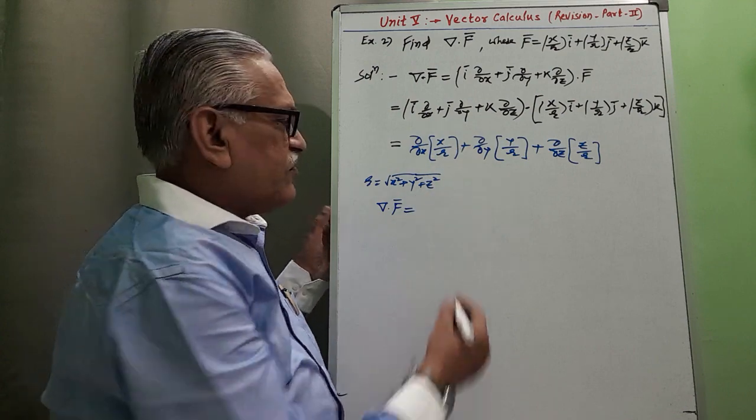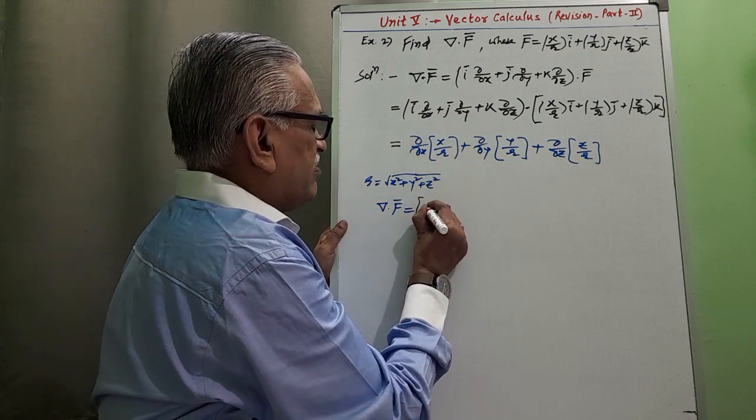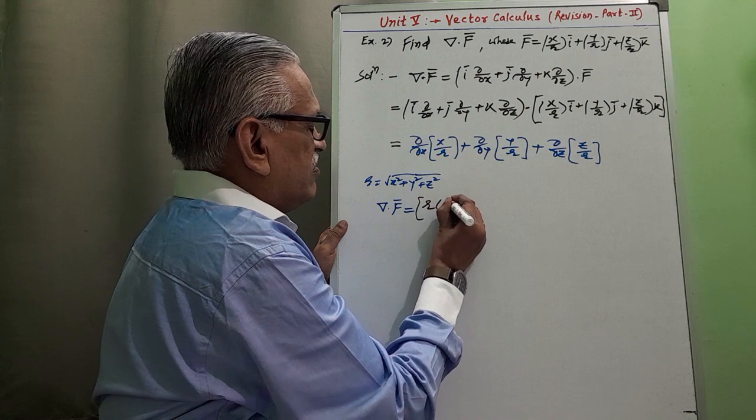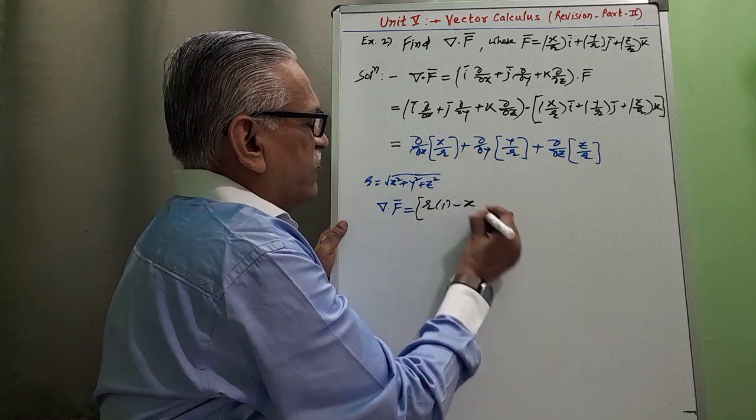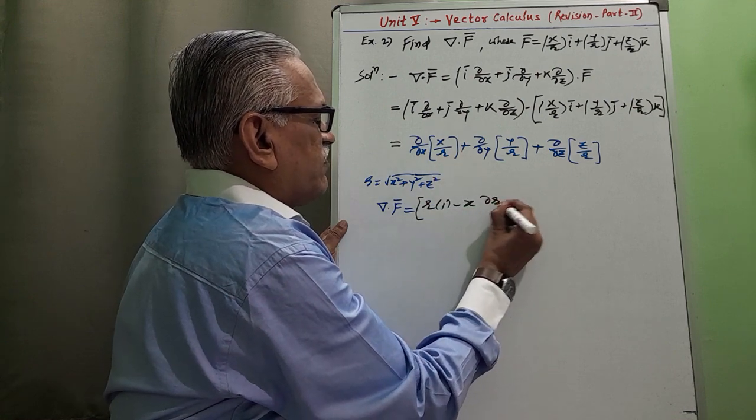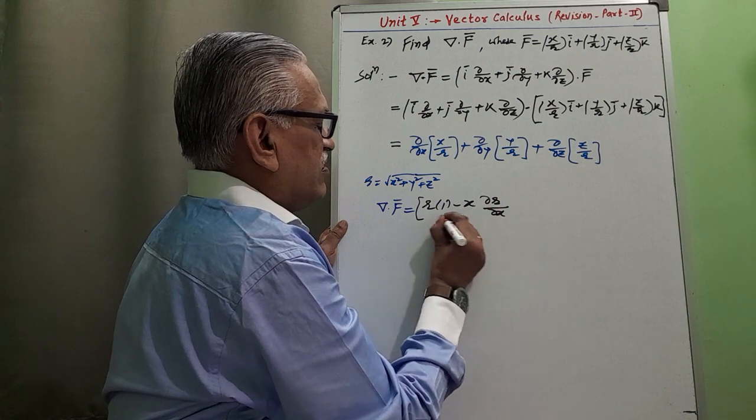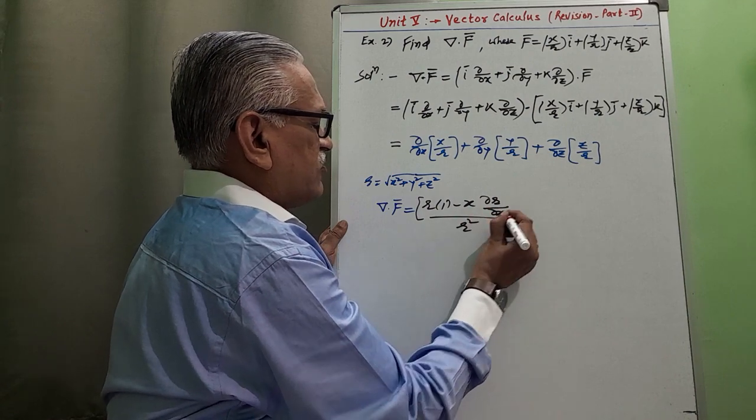Differentiating this by quotient rule, that is r, derivative of x is 1, minus x, and derivative of r with respect to x is ∂r/∂x, divided by r square.